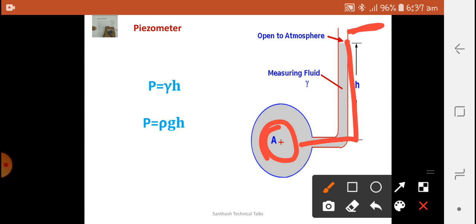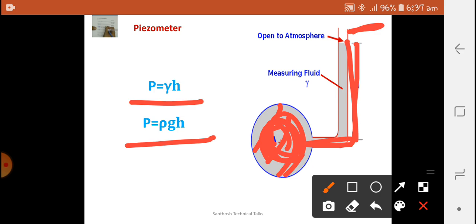Due to the pressure in the pipe, a liquid column of height h is raised in the piezometer tube. With the help of the hydrostatic law, P is equal to rho gh, we can find the pressure by measuring this height.